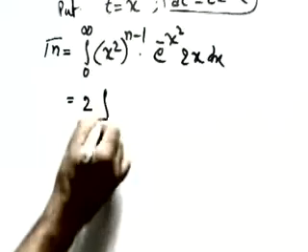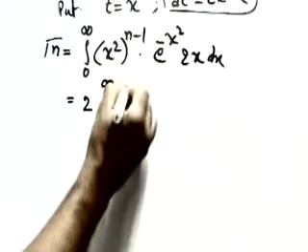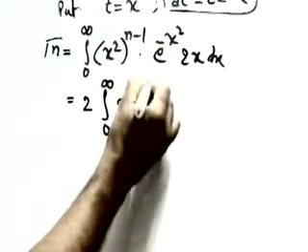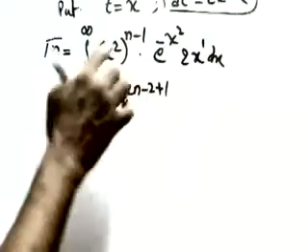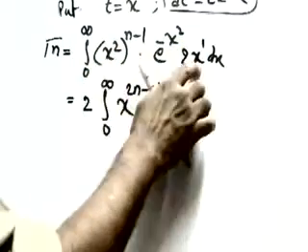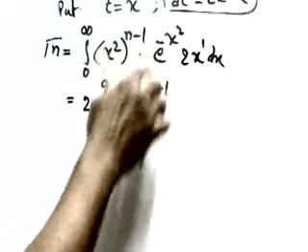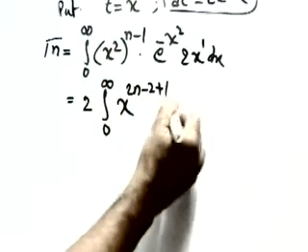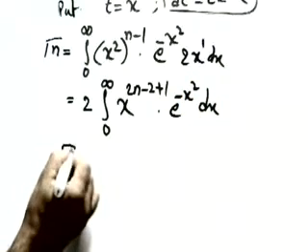And these bases are the same, so we can add the powers: x power m into x power n is x power m plus n. Its power is 2n minus 2 plus 1, into e power minus x square dx.